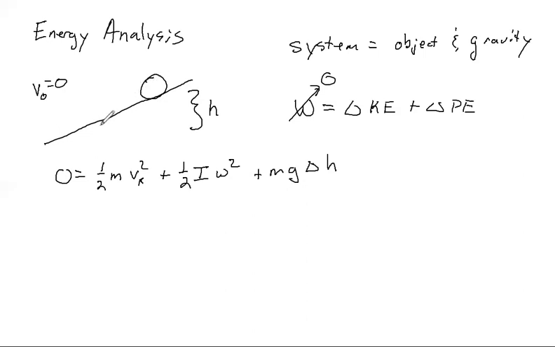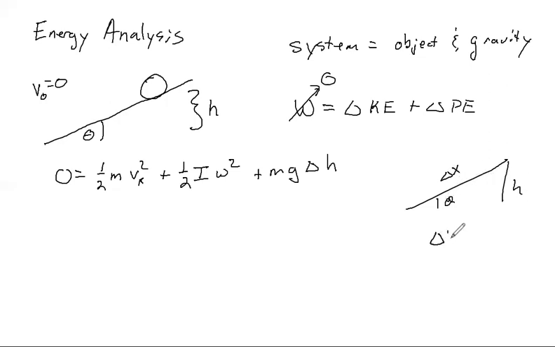And that's okay, because if I use my angle theta, I can relate the distance delta x to theta and h by saying the sine of theta is h over delta x.